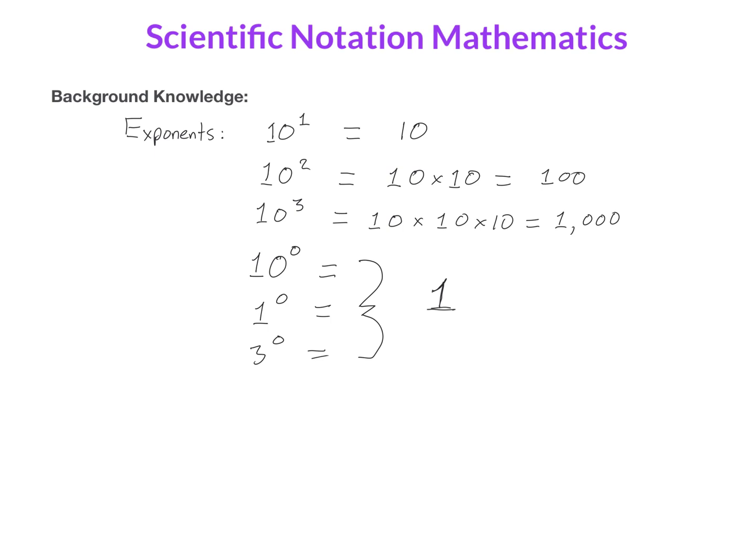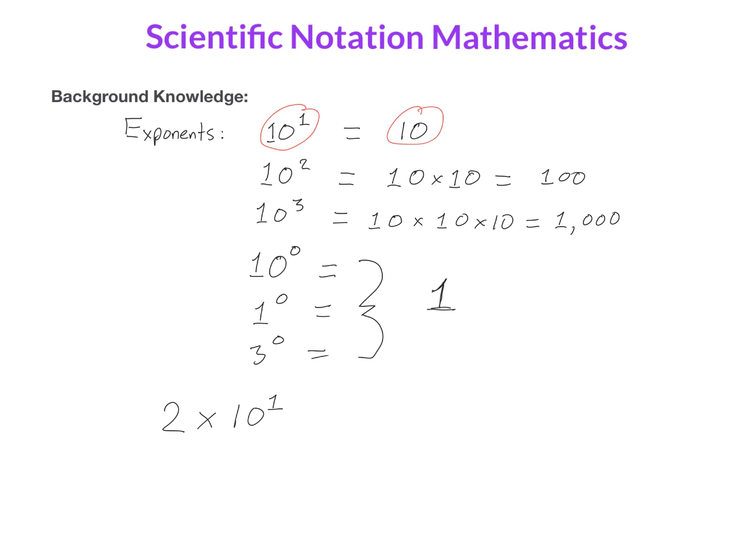So let's do an example of what a scientific notation problem will look like, and this will get us to the point where we can move forward. If we know that 10 to the 1 is the same thing as 10, then let's say I have something like this, 2 multiplied by 10 to the 1. Well, what's that going to equal?